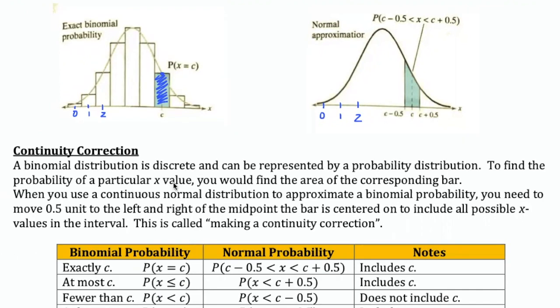Since the binomial distribution is discrete, when we want to find the probability, we find the area of the corresponding bar. When you're using a continuous normal distribution to approximate that binomial probability, you need to move half a unit to the left and the right of the midpoint the bar is centered on, the value you're interested in, to include all possible x values in the interval. And we call this making a continuity correction.